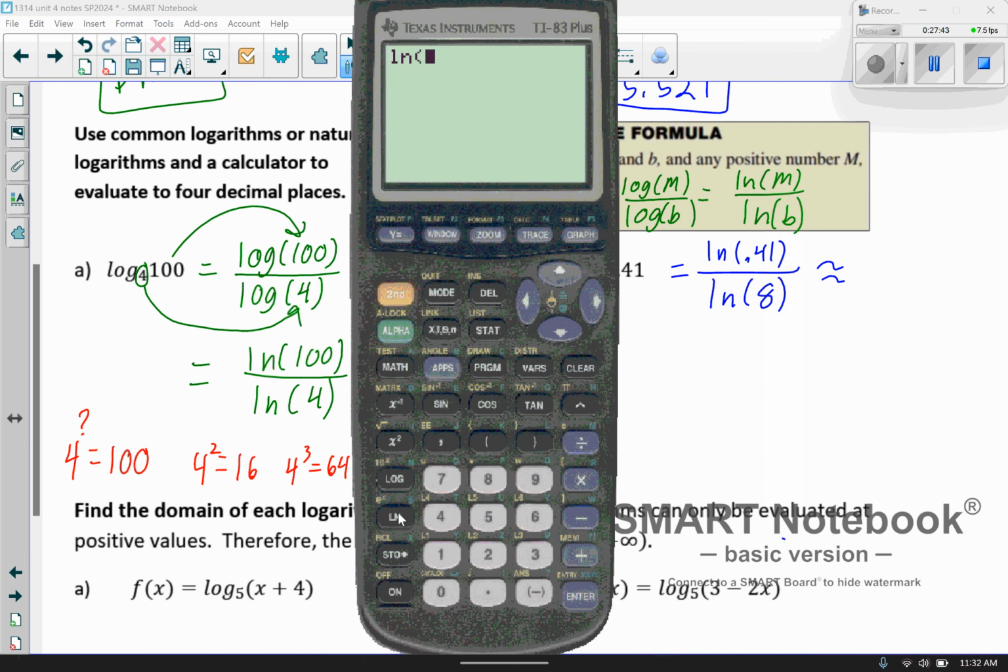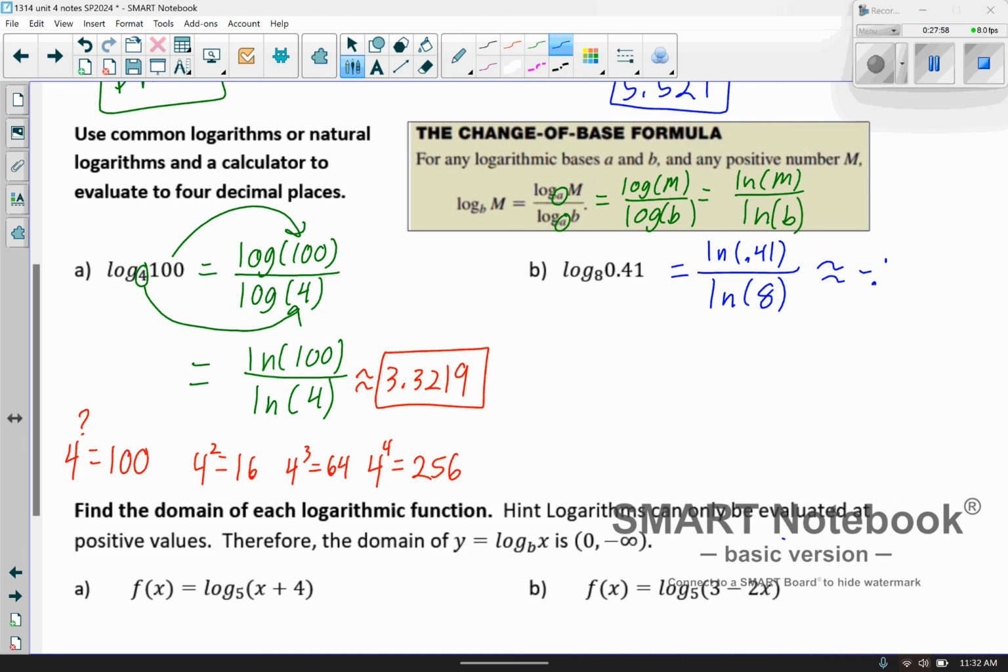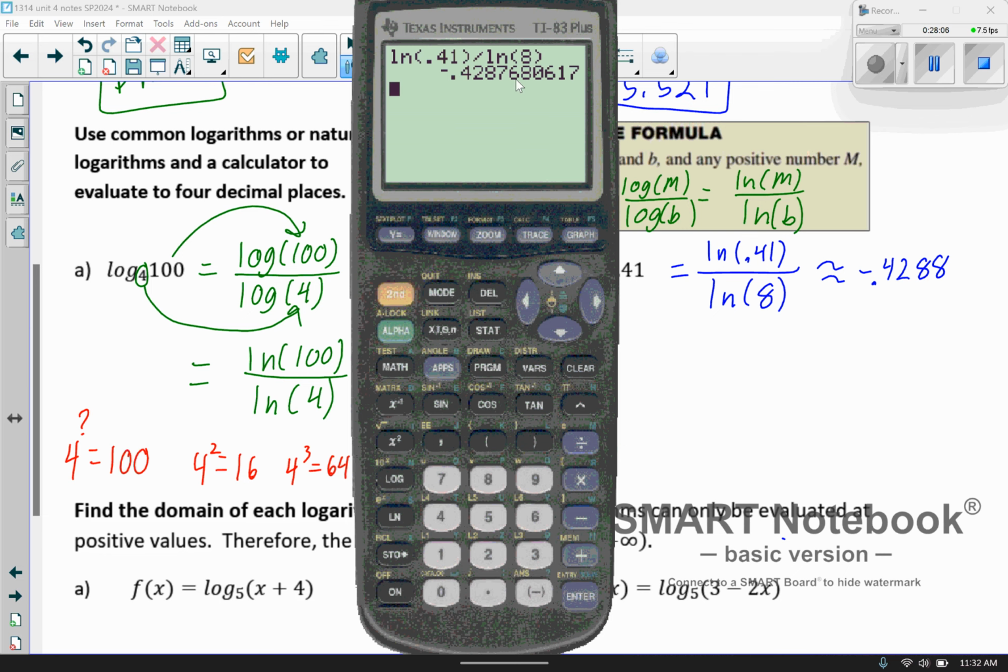So we get negative 0.4288. I had to round that fourth decimal place up because of that 6 right there. That 6 caused me to round that 7 to an 8.